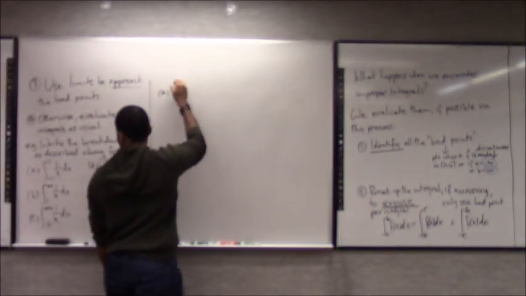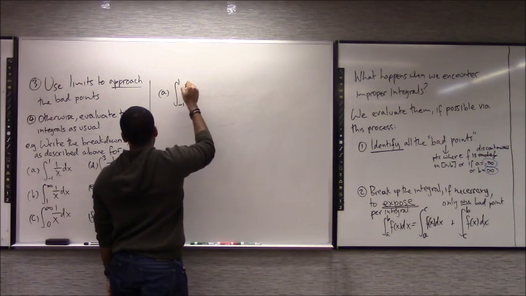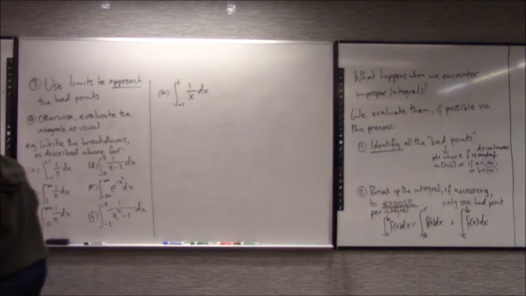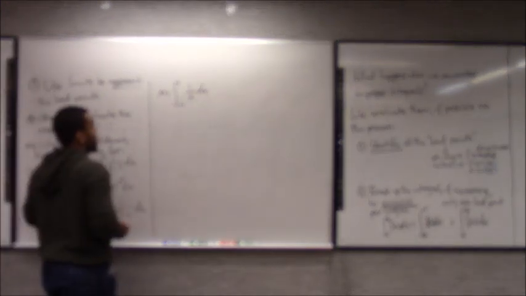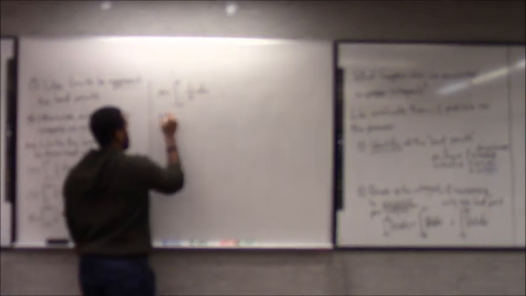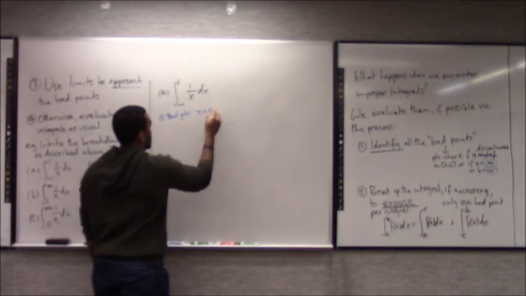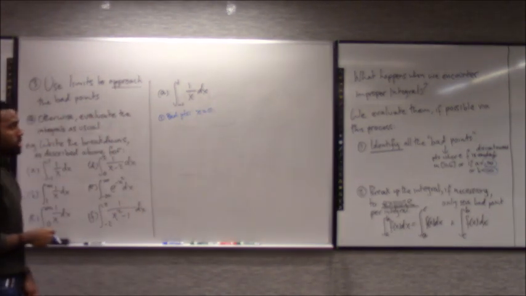A. So first things first, what are the bad points here? x equals 0. Notice that x equals 0 is not exposed.